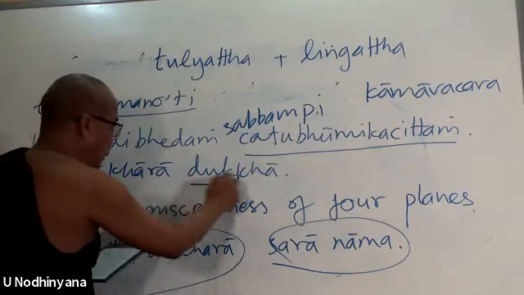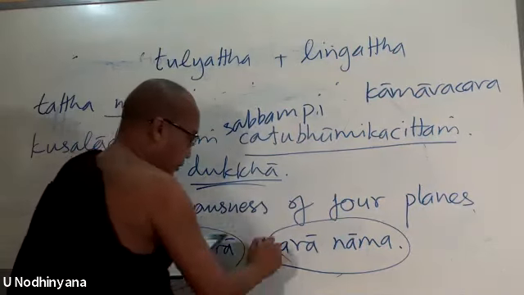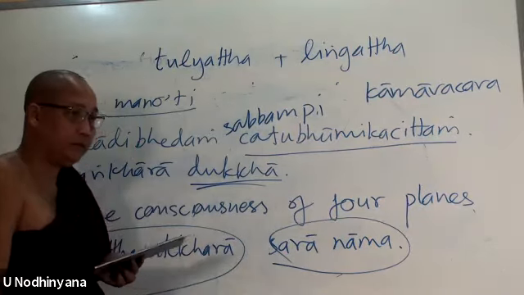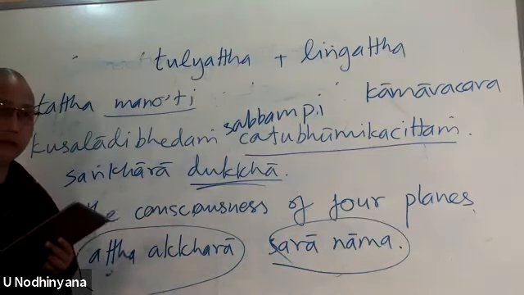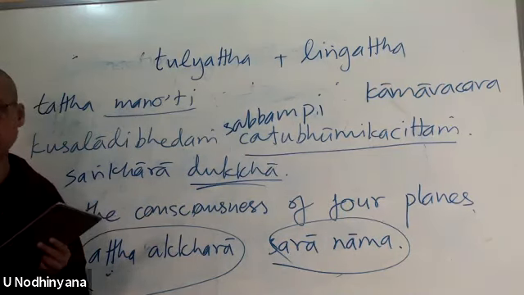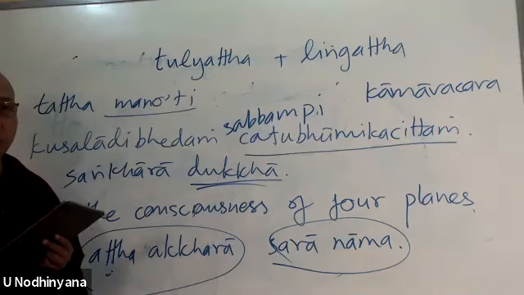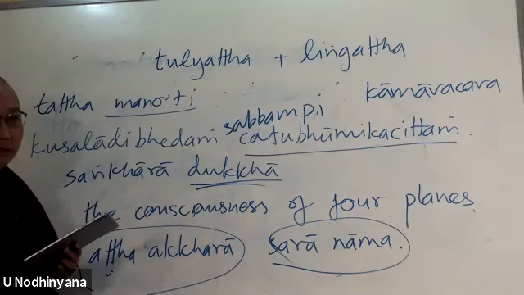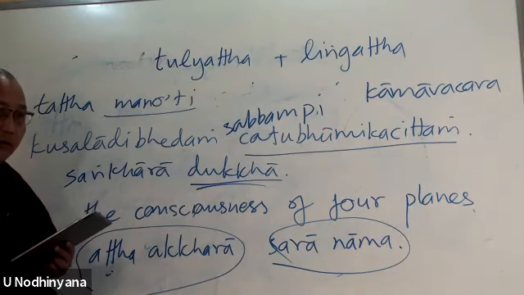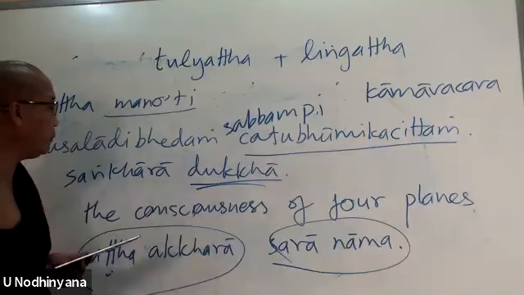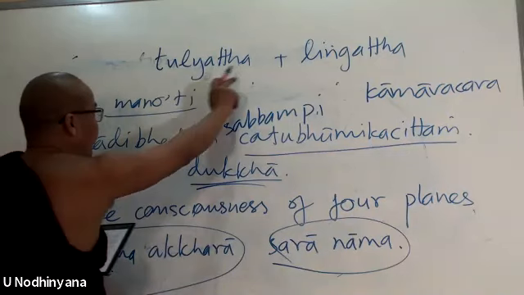We don't use any verbs, but a noun or noun adjective is used as a predicate at the end of the sentence. Now an adjective is used as a kind of verb. It is called a predicate according to English grammar. But according to Pali grammar, we call it tongliyatha and lingatha.